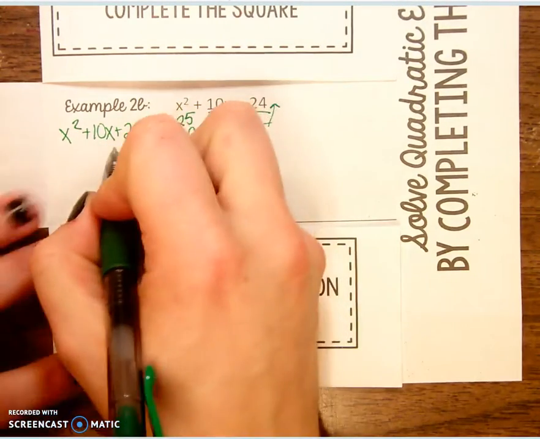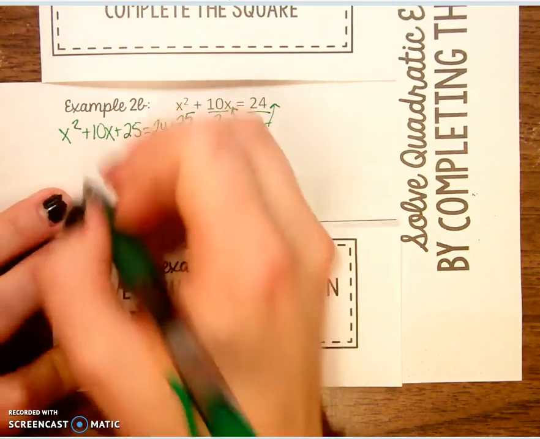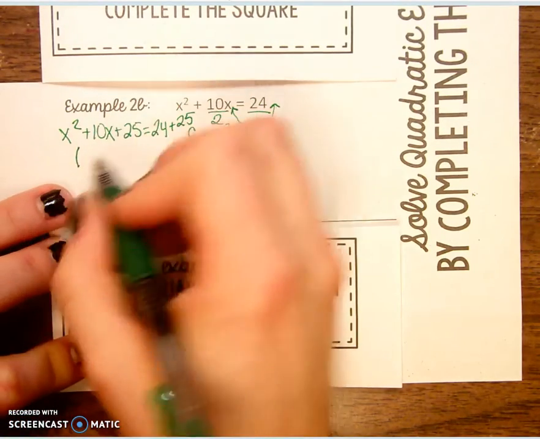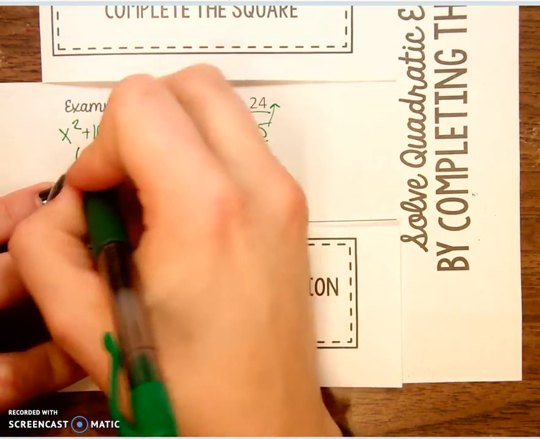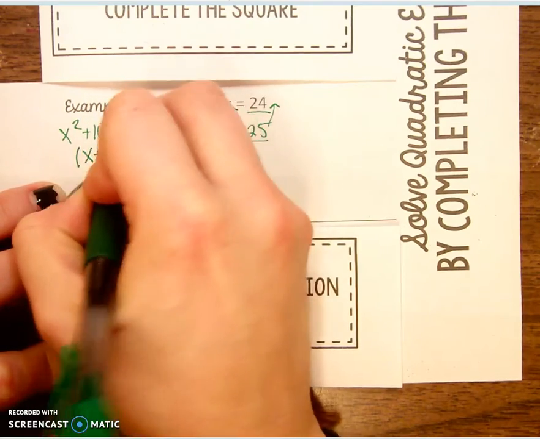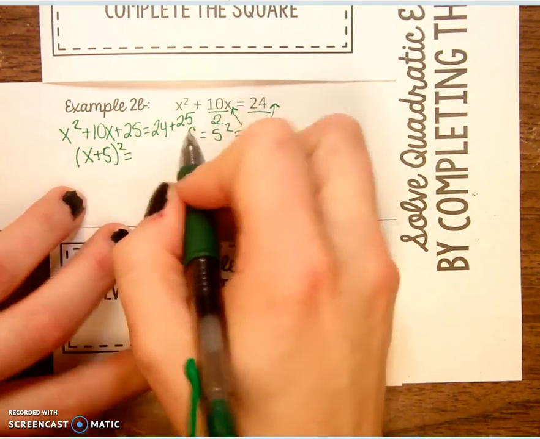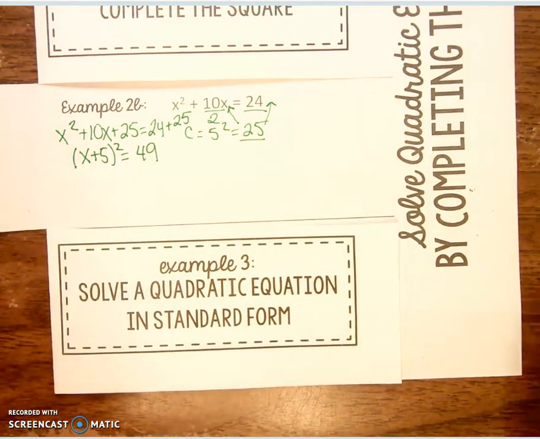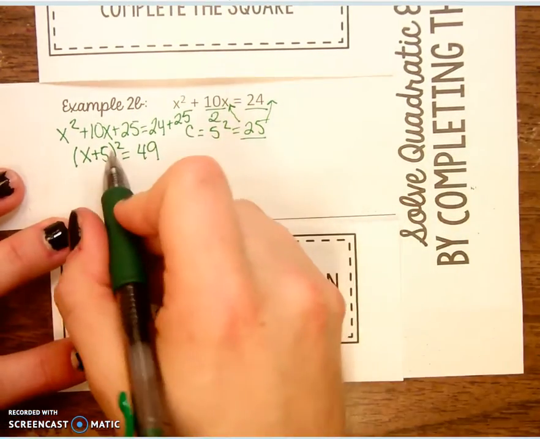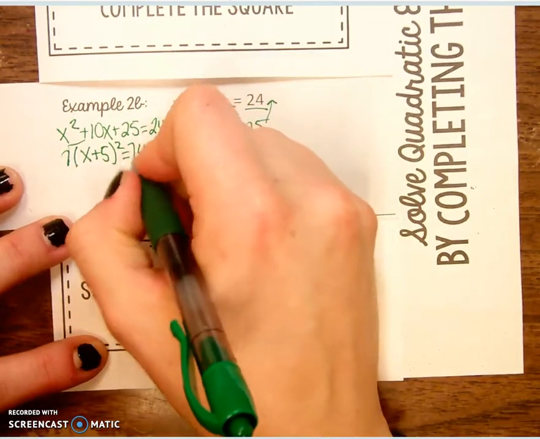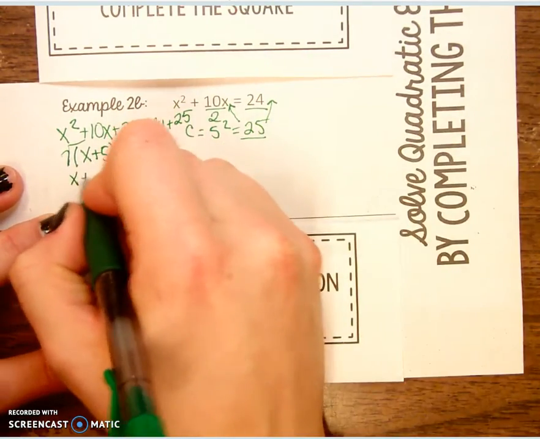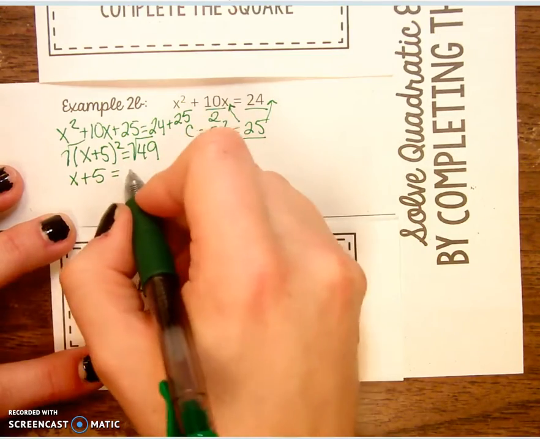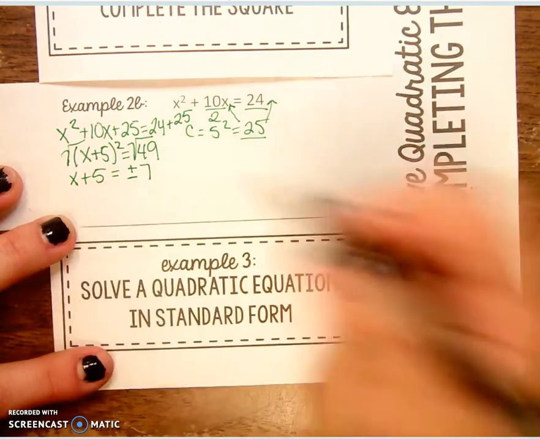My perfect square trinomial, my binomials here, it's going to be multiply to 25, add 10, x plus 5 squared. 24 and 25 is 49. And now all I'm doing is solving for x. Undo this square with a square root. So x plus 5 equals, well, a positive or a negative 7.